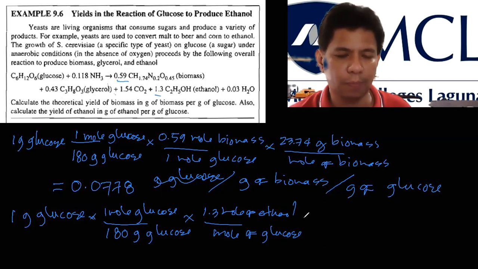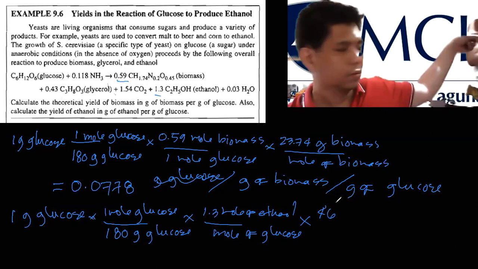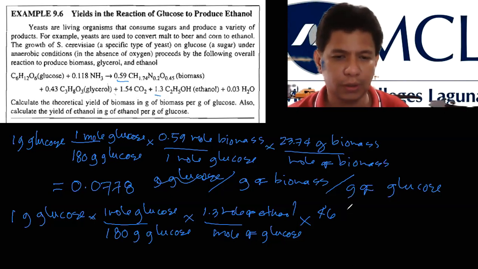And then finally multiply this by the molar mass of ethanol. Ethanol is 46 grams per mole of ethanol.